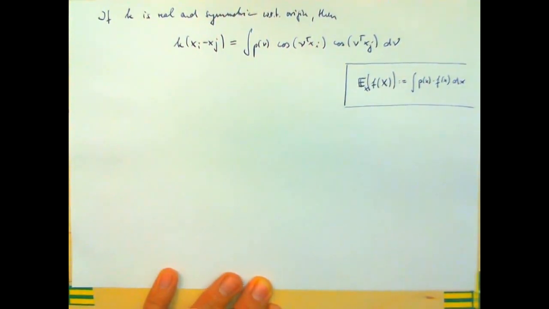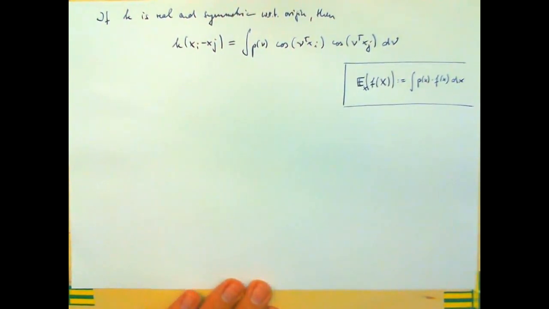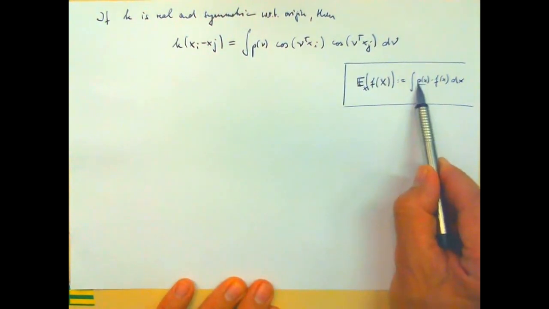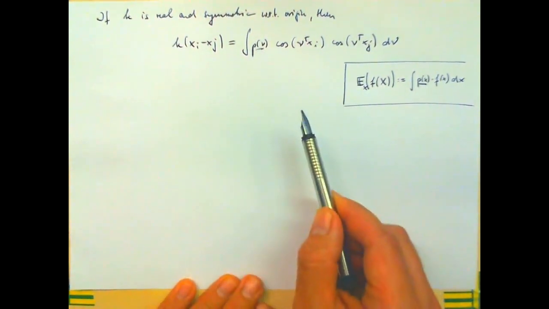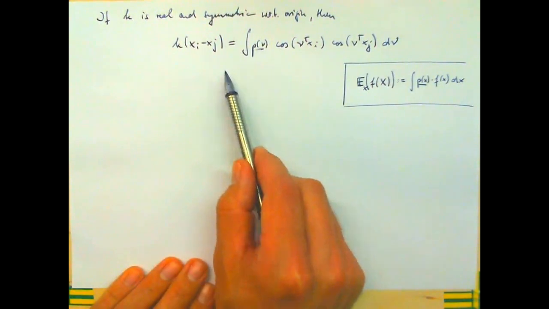Okay, and you see we have a probability density here and we have a probability density there.